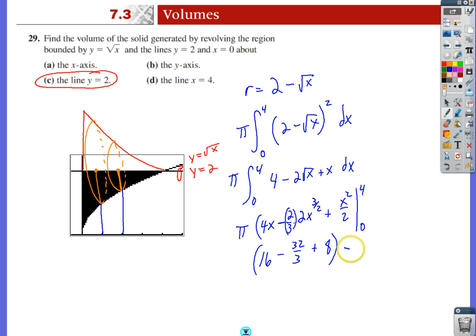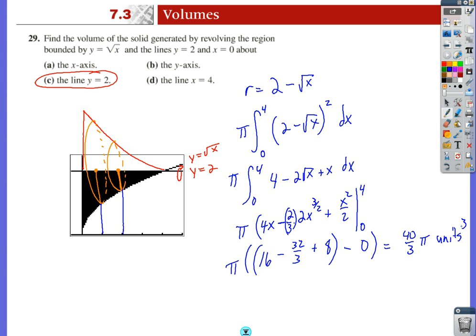And I then plug in the 0, and I get 0 minus 0 plus 0, which is 0. And all of that multiplied by pi. I do some quick math, and I find out this is 40 thirds pi units cubed. Whew. That was fun.